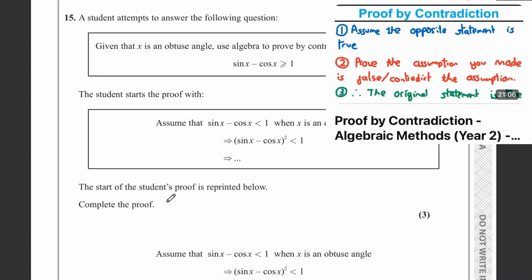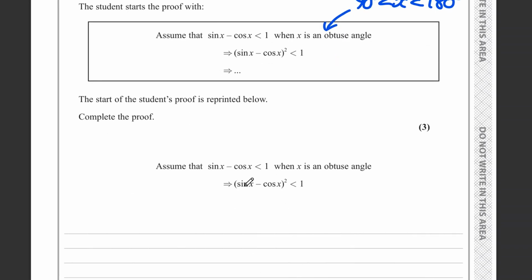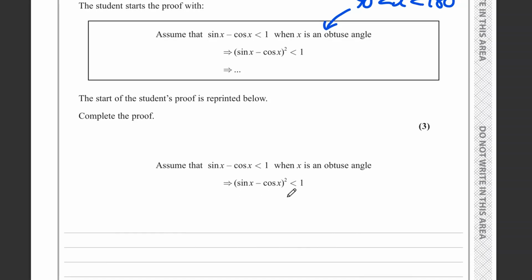So this is a proof by contradiction question. So remember that if x is an obtuse angle, this means that x is between 90 degrees and 180 degrees. So we're going to complete this proof here. So we have this sin x minus cos x squared is less than 1.